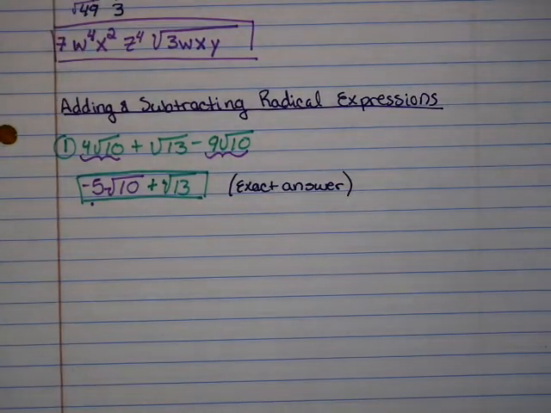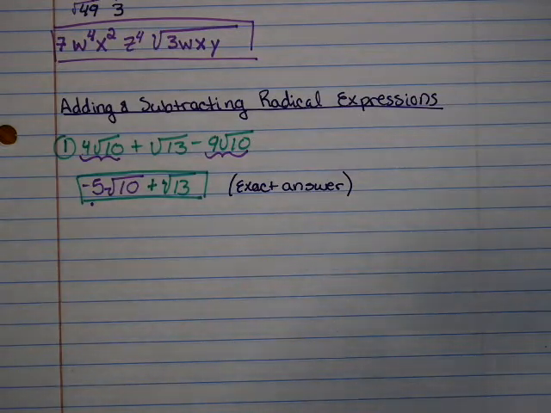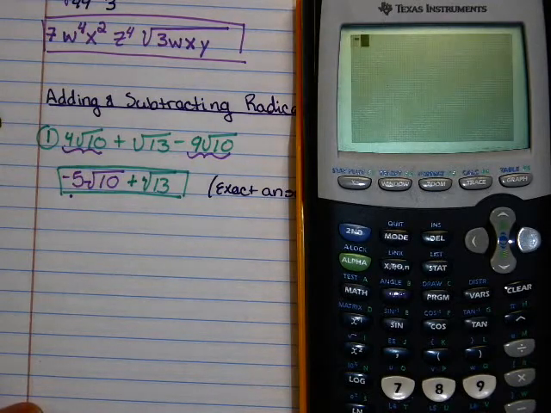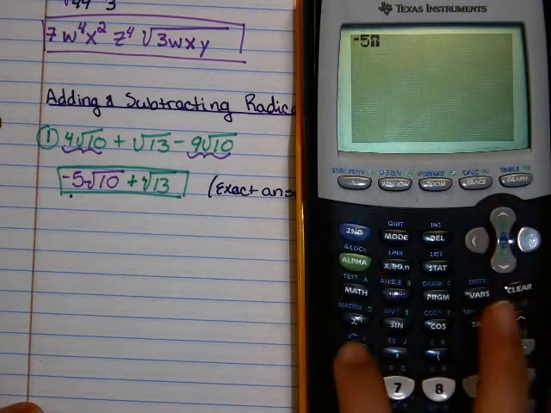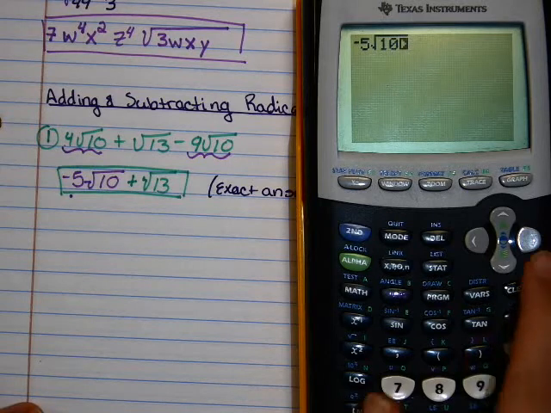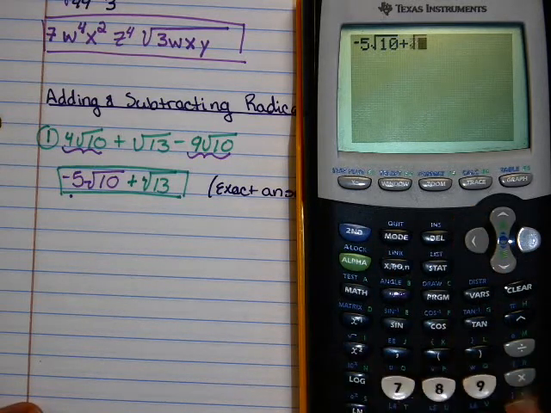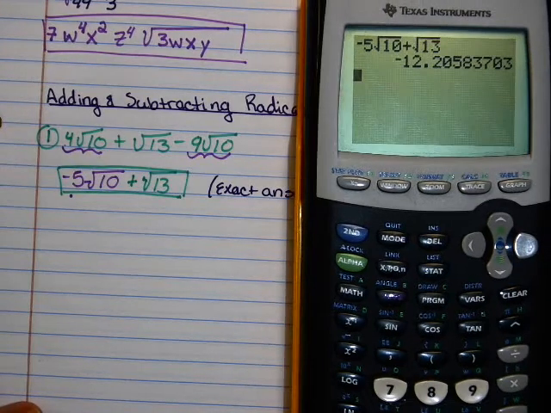Now, however, if I take a calculator and I type this in, negative 5 times the square root of 10 plus the square root of 13, it's going to give me an approximate value.